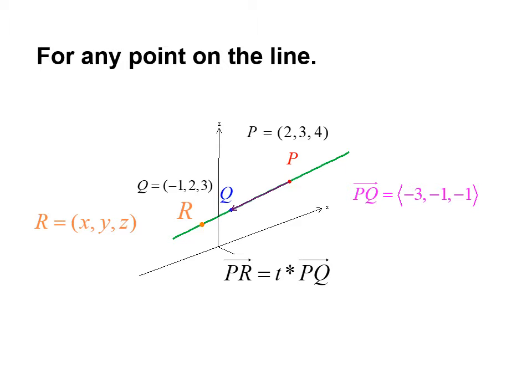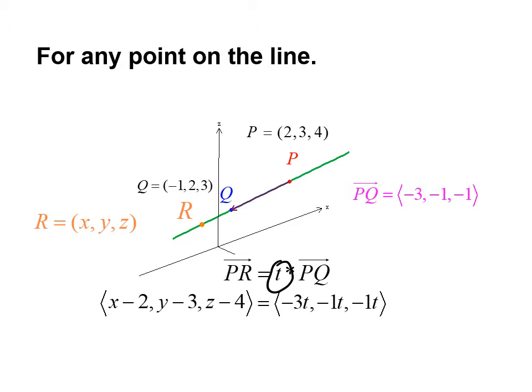Now, we know that since it's on the green line, the vector from P to R is some multiple of the vector from P to Q. So we'll use T to represent some multiple. Here's the vector from P to R, X minus 2, Y minus 3, Z minus 4.